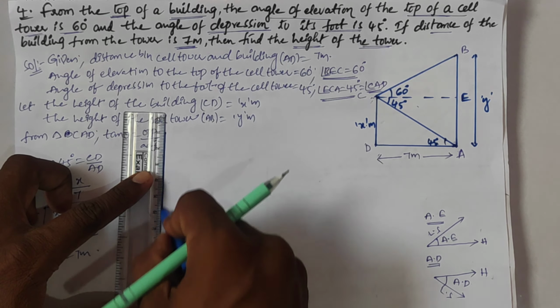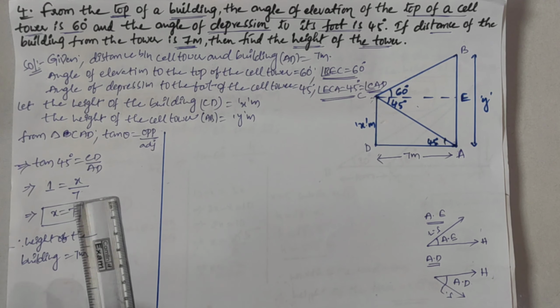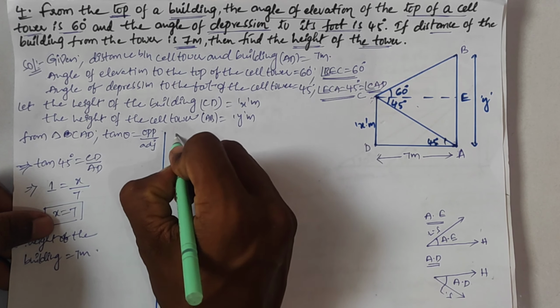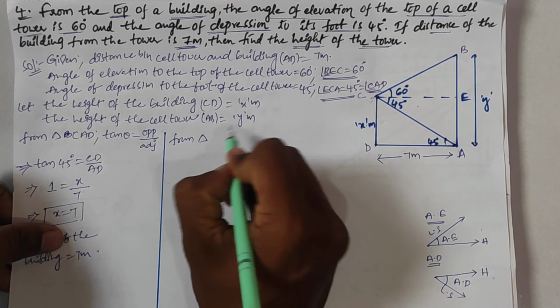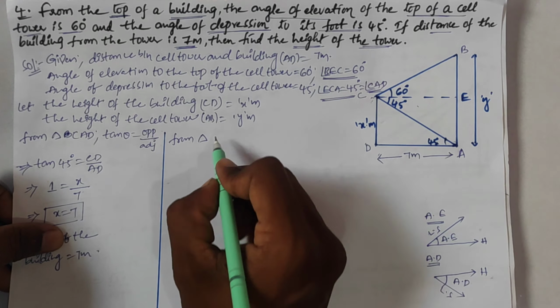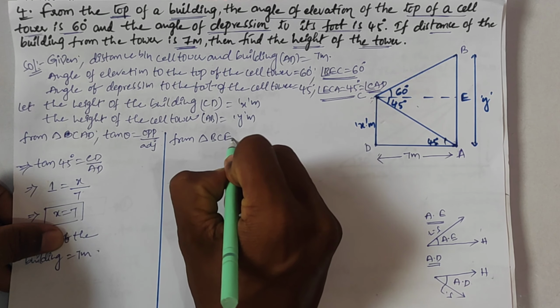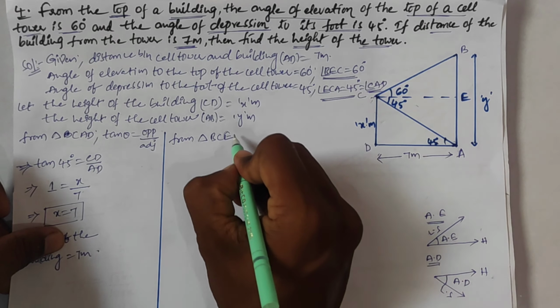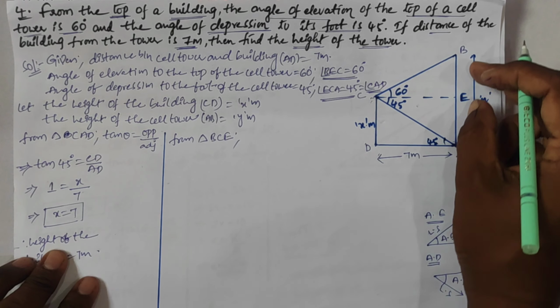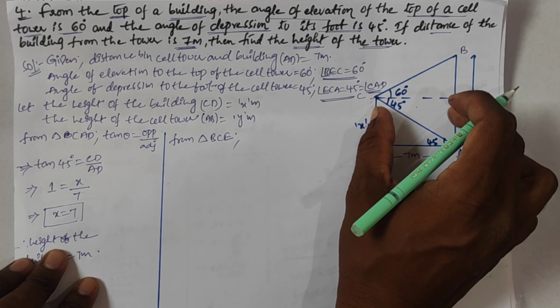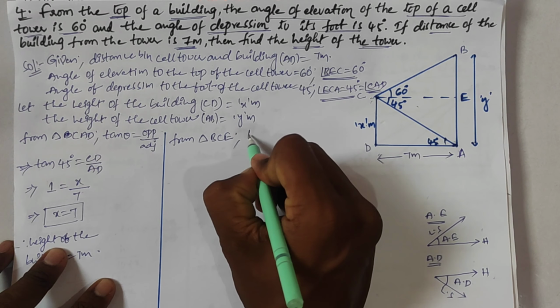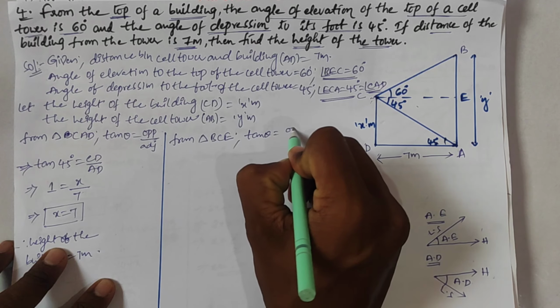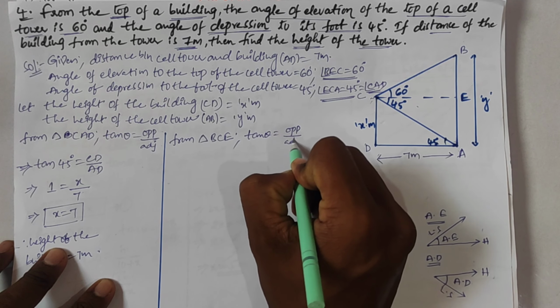Now, we have to find the height of the cell tower. Right? From triangle BCE, or angle BCE with respect to 60 degrees, side opposite to the adjacent. Again, which ratio had we considered? Tan only. Tan theta is equal to side opposite to the adjacent.